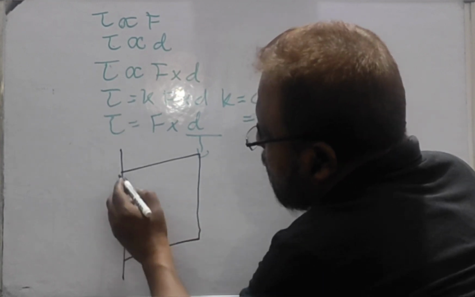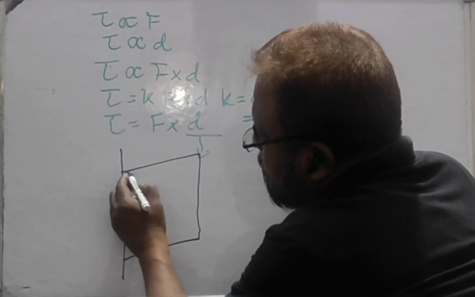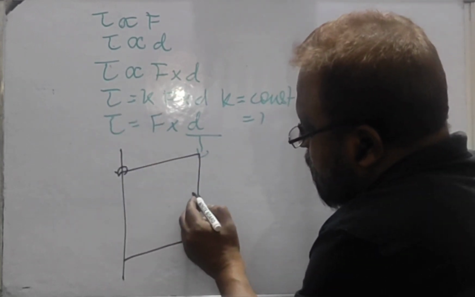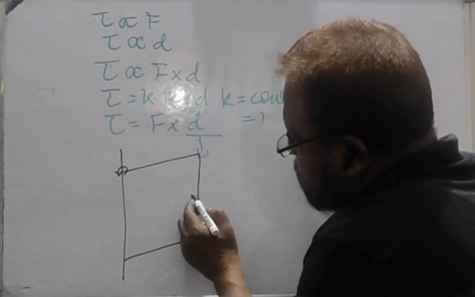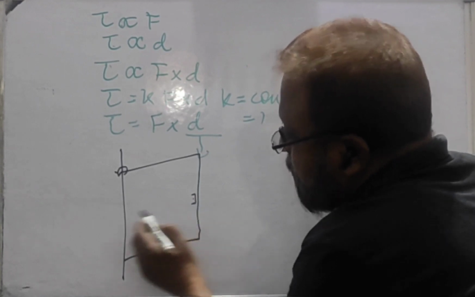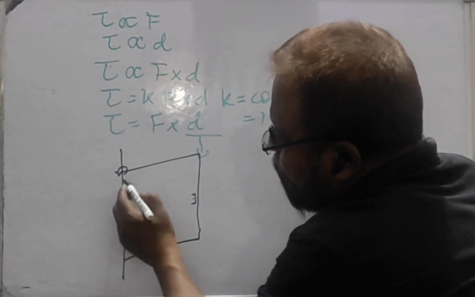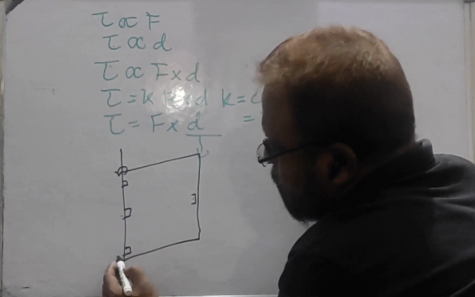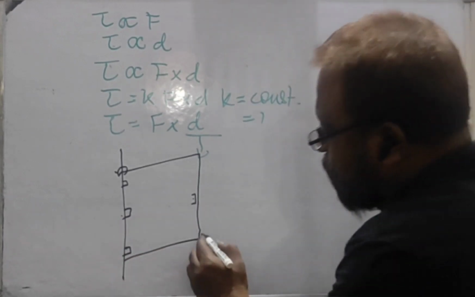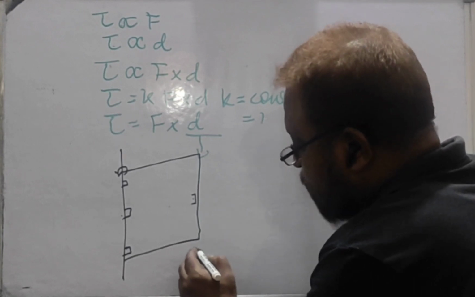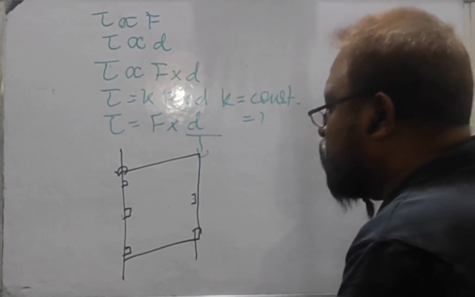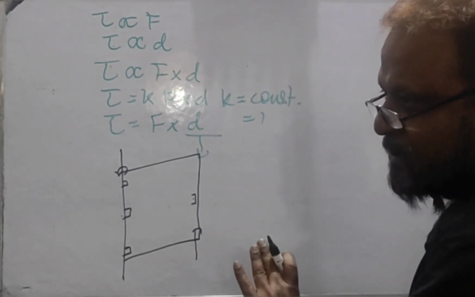That's why you have seen that in your doors the handle is always on one end, and the fixed point is at the other. If you put force on the edge of the door, it is easily going to be closed, right?